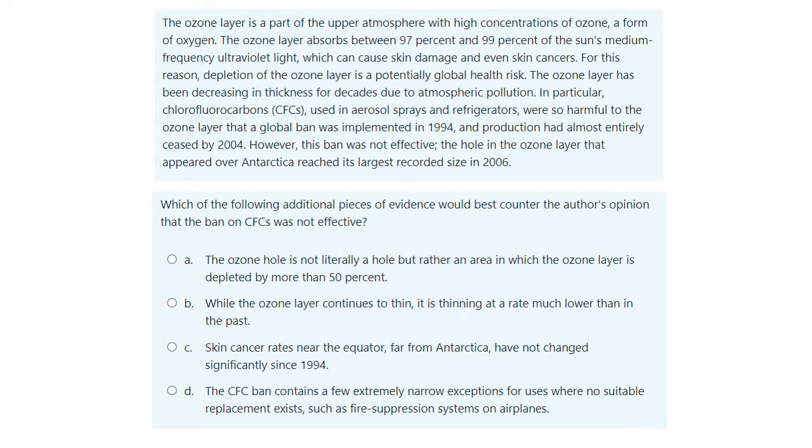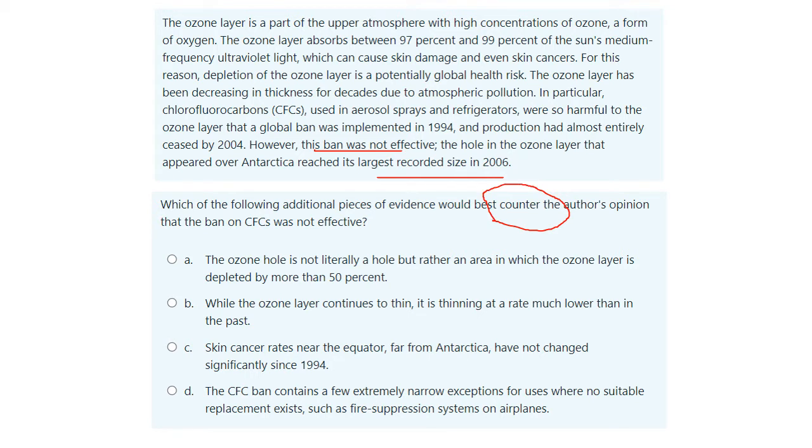Now, which of the following additional pieces of evidence would best counter the author's opinion that the ban on CFCs was not effective? Well, it says the ban was not effective because the hole in the ozone layer got to its biggest size in 2006. Well, which would counter that argument?